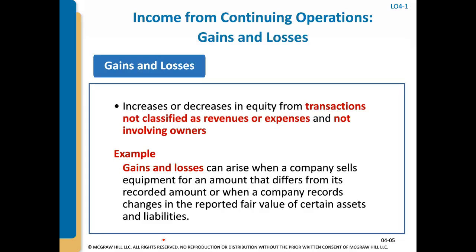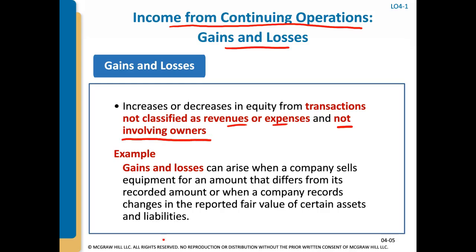Alternatively, gains and losses, which also fall under the income from continuing operations, but it's like a subsection, is also income, and it's resource inflow and outflow. However, they're different from revenues or expenses because they don't involve owners.